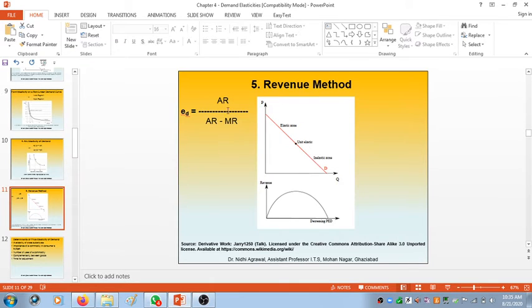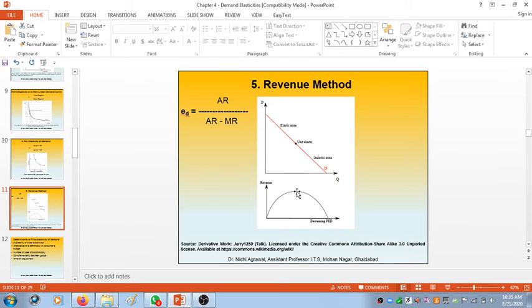Okay, so when we apply this formula, suppose in the lower panel we have drawn revenue, which has been taken on the vertical axis, and this is price elasticity of demand. The decrease in price elasticity of demand has been shown with respect to revenue. This is actually the total revenue curve, which is inverted U shaped.